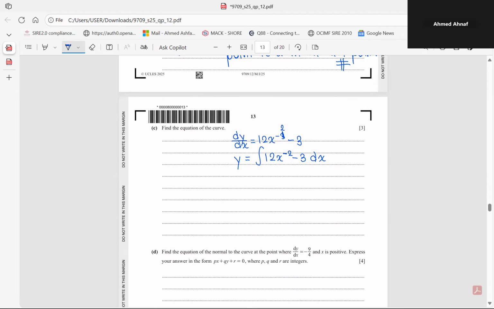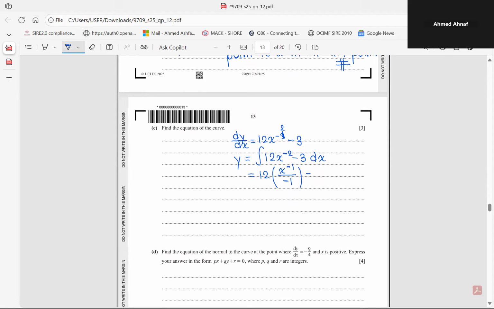All right. Now to find this, we're going to first integrate 12x to the power of -2. So we'll take out the constant term first, which is 12, and then integrate x to the power of -2. So in order to do that, just add 1 to the power. So -2 plus 1, that's just -1, divided by -1.